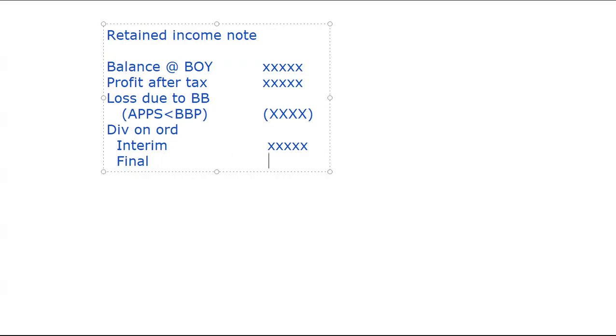And these ones are just declared, they're not paid. They'll only be paid the following year. And then obviously, you're going to add these two, put them in a box, and write them in the dividends on ordinary shares line, and put them in brackets, right?